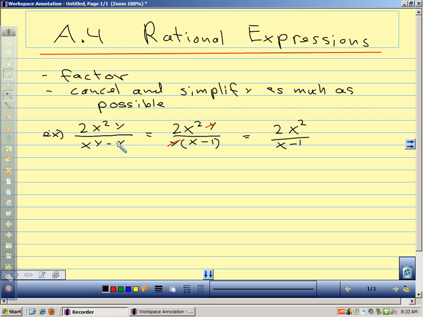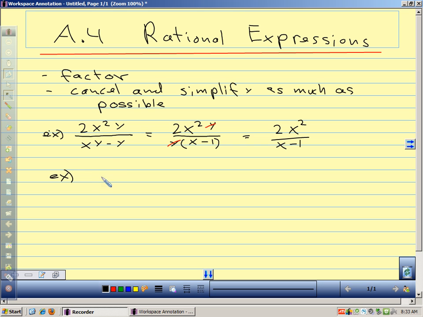If we had y equals 0, it would be dividing by 0. But y doesn't even show up in this expression, so we don't have to worry about y equaling 0, because all we're working with in this expression is x. So that's as far as we can go with that one. That one's pretty easy. Let's look at another one.